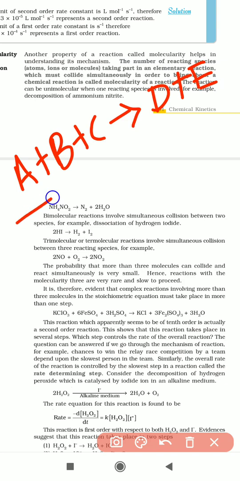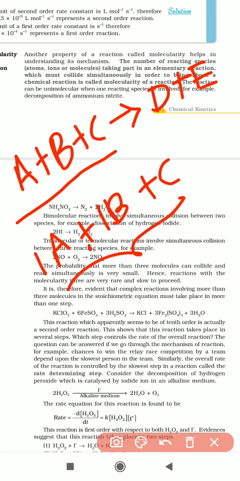How do we calculate it? We count how many reacting species are present here. 1 mole of A is combining with 1 mole of B and 1 mole of C. Therefore, the total number of moles in this equation is 3 moles, right?